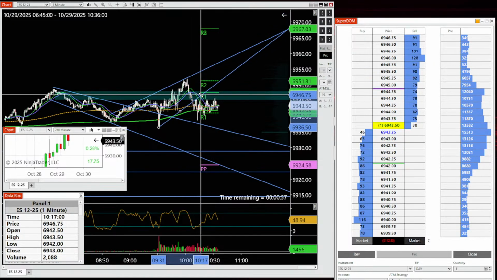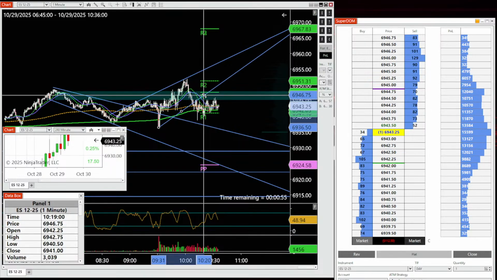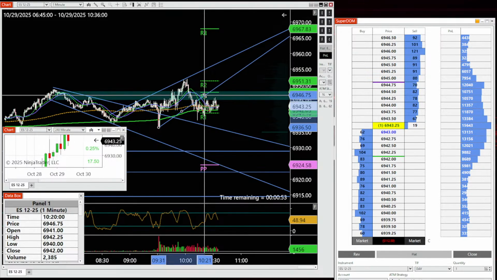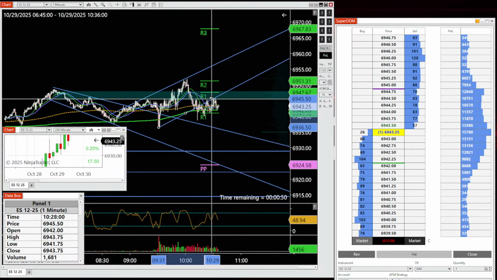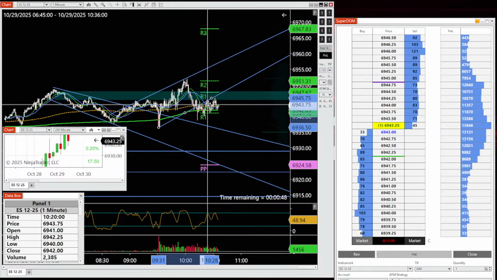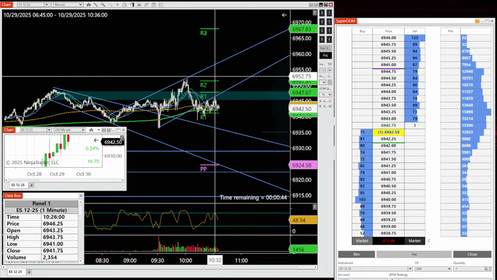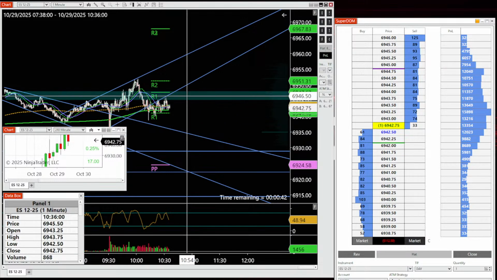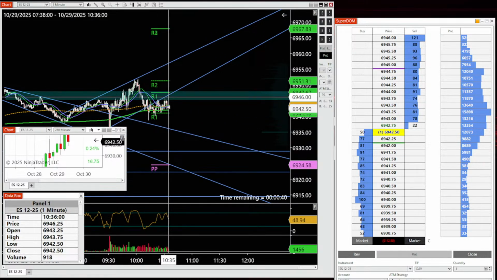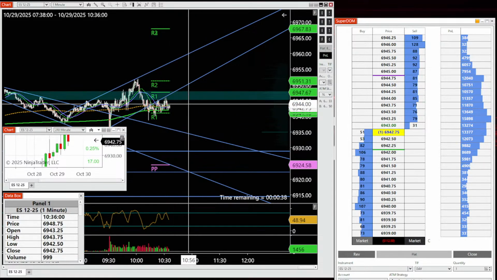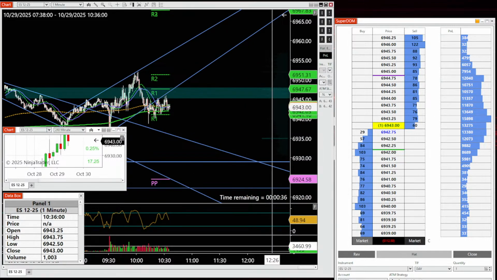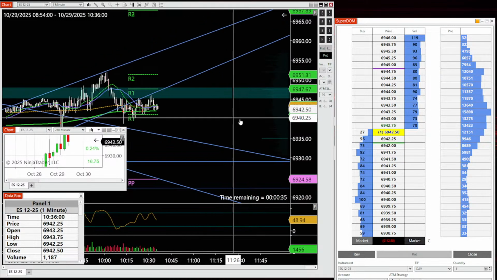Could have done it here, but I'll keep it where it's kind of even as a trend line. It's not 100% equal, but I'm trying to get it where it looks like an equal trend line.